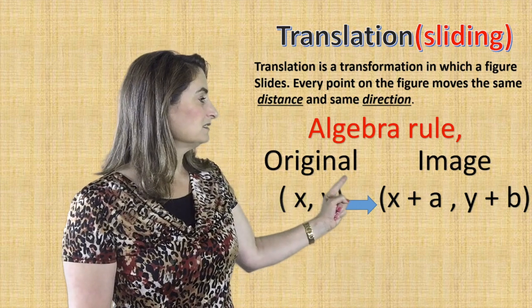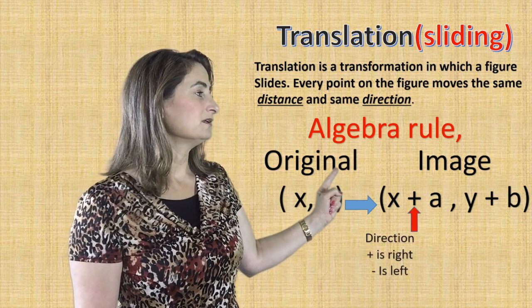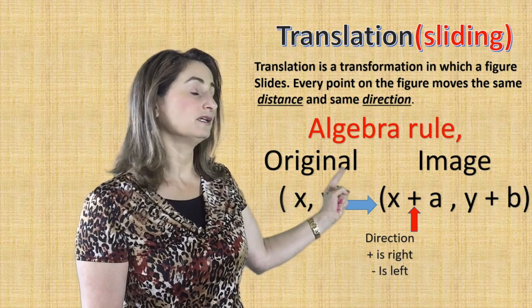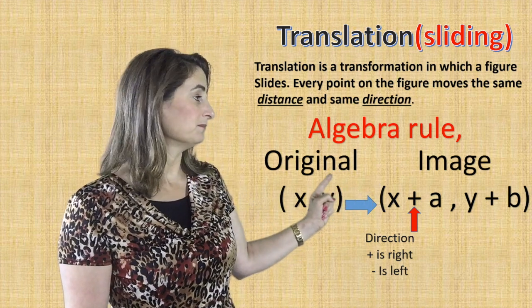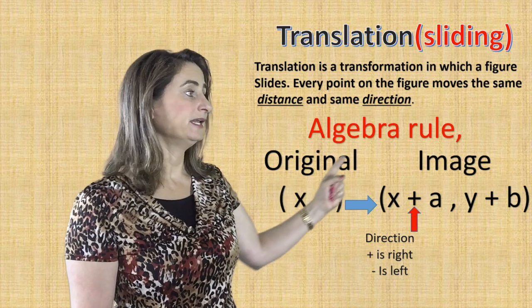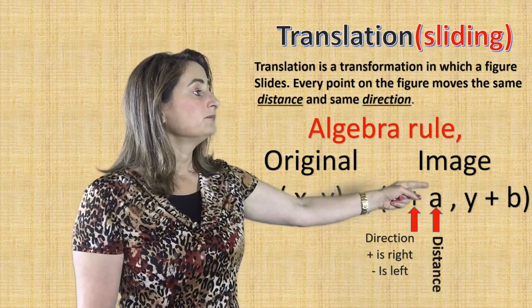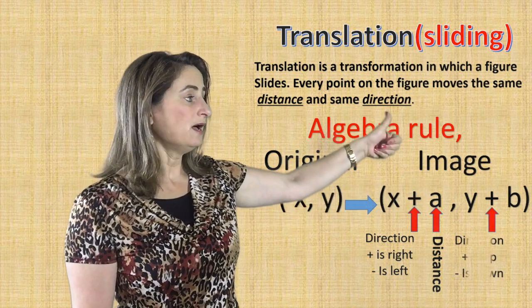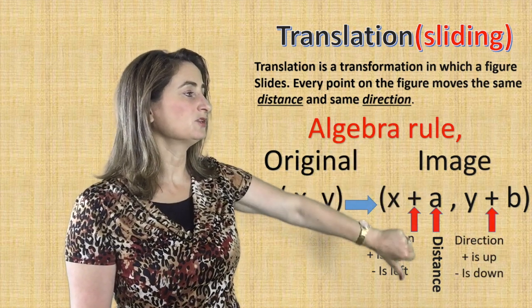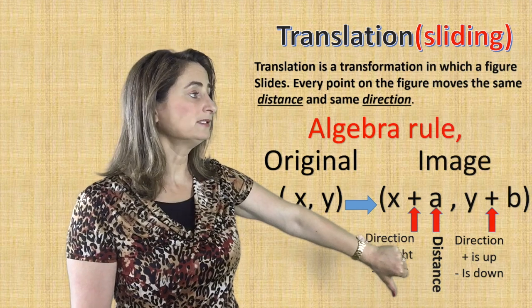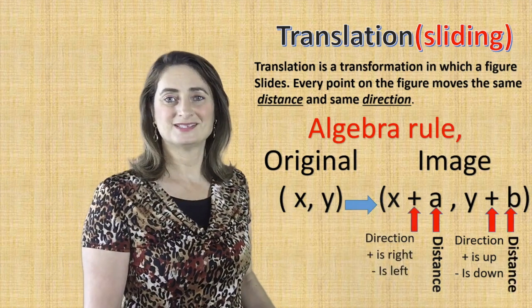The plus gives you the direction. If it is plus, it means you're going right, and if it's a minus, you're going left. And a is the distance. With the y, the plus means you're going up, and the minus means you're going down on the y-axis, and b is the distance.